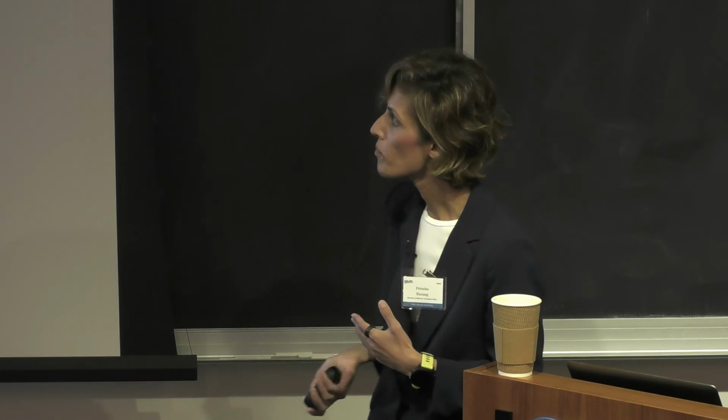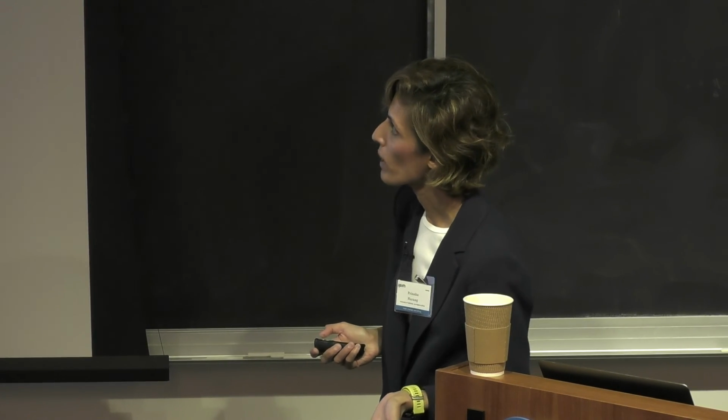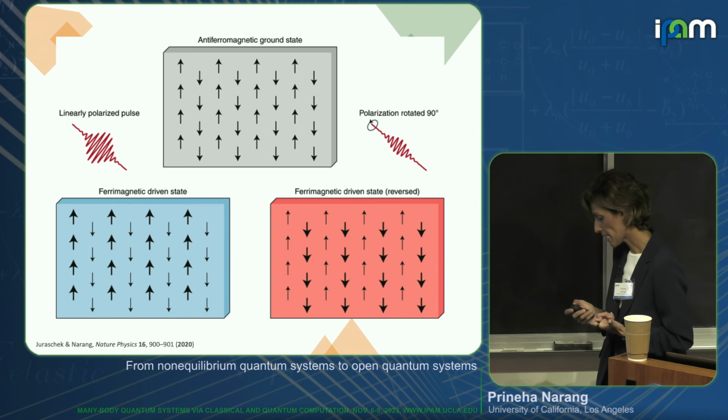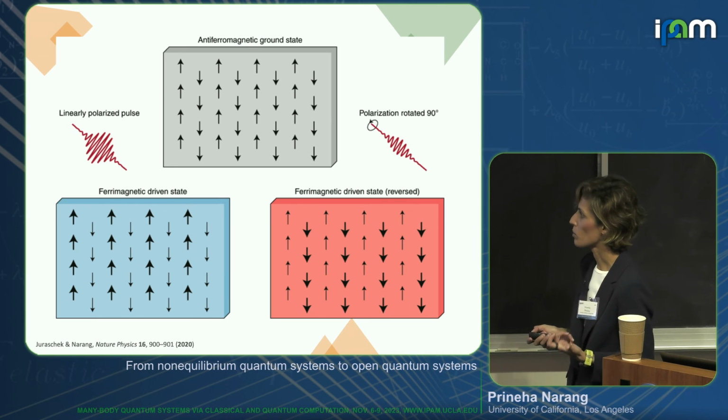that vibrational pathway. So this is a field that has really taken off, in part because we can think of these as being a really nice way of controlling the magnetic order parameter in particular.